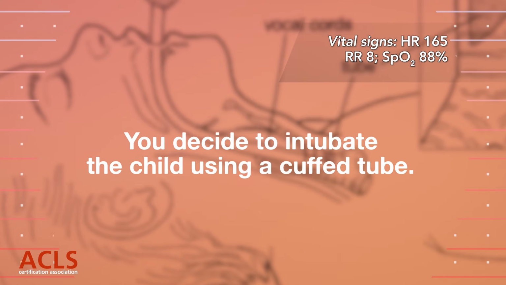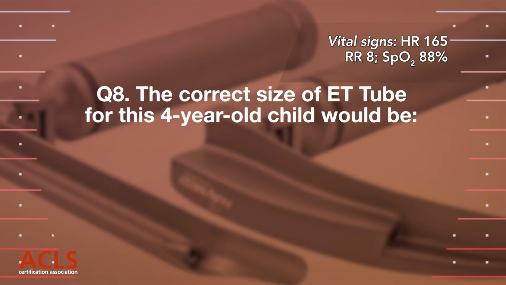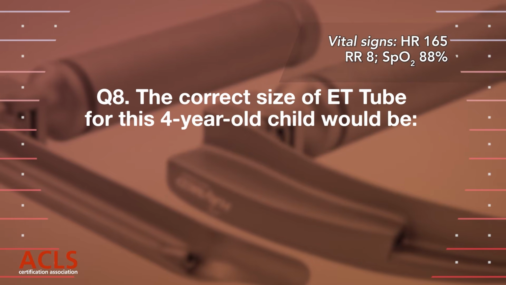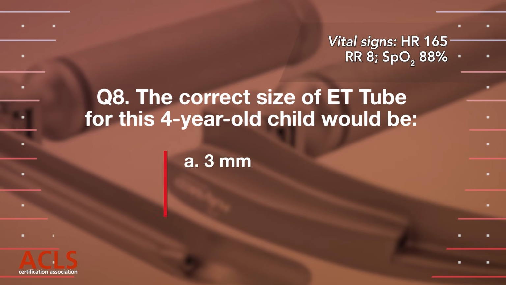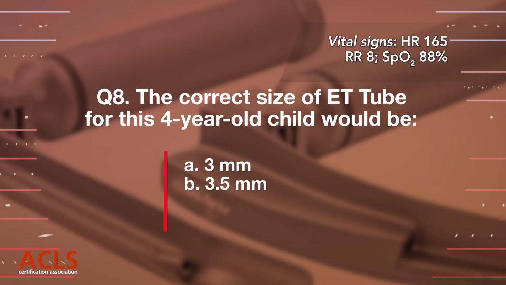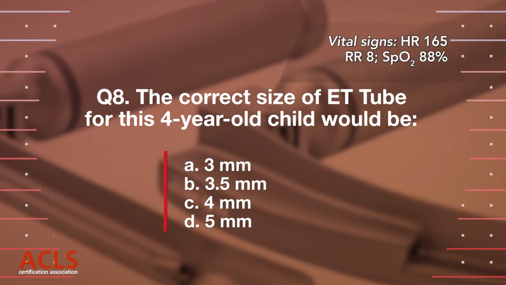You decide to intubate the child using a cuffed tube. 8. The correct size of ETT for this 4-year-old child would be A. 3 mm, B. 3.5 mm, C. 4 mm, D. 5 mm.